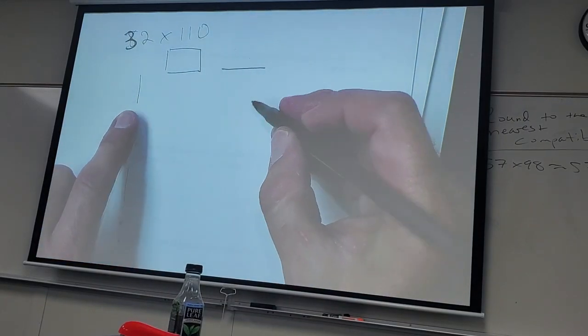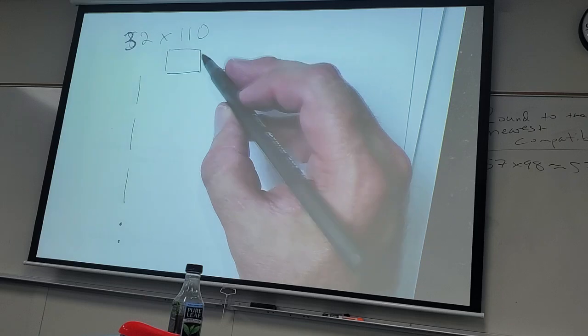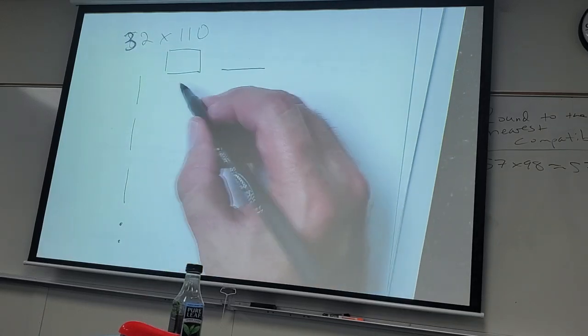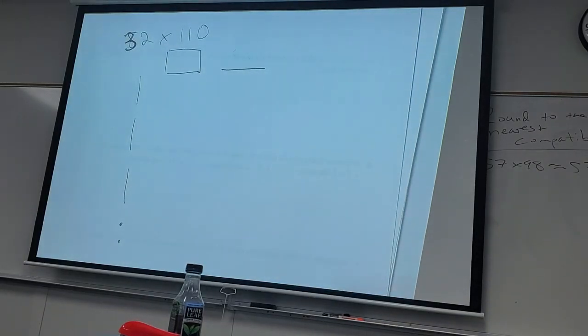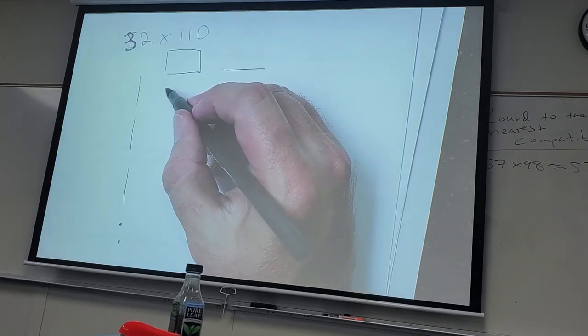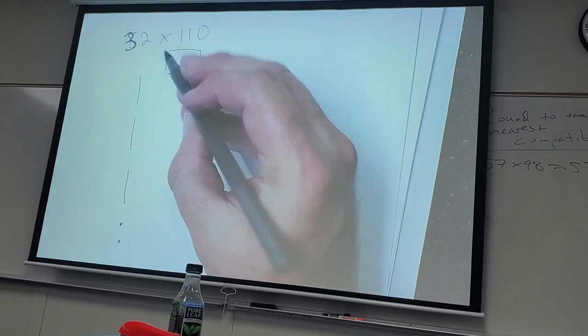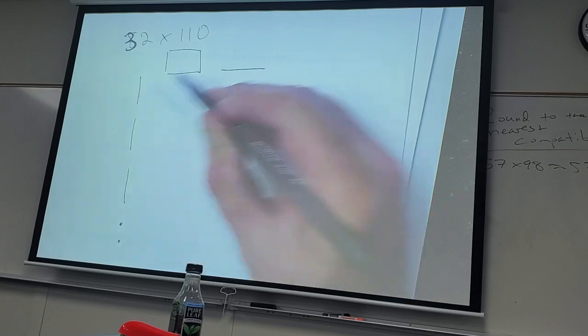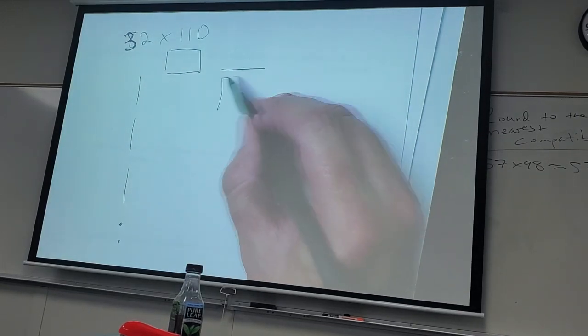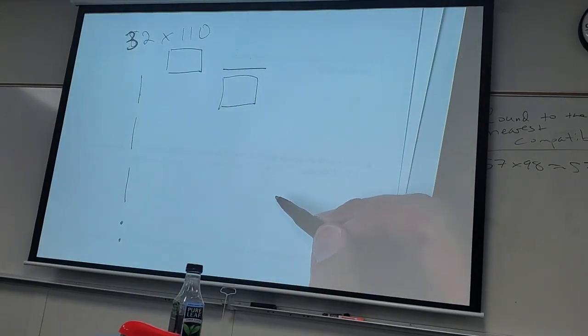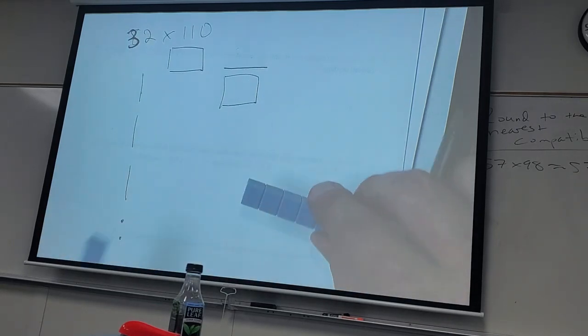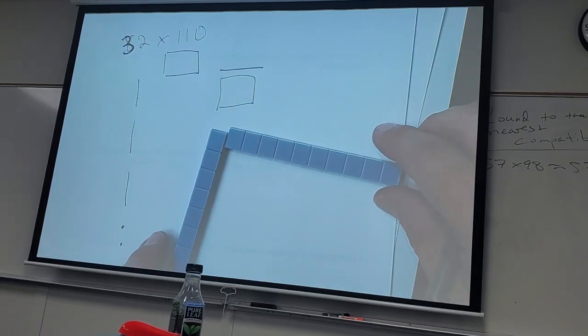So, for example, this, what have I done? This times this would be a flat. Just like we said a second ago, if I do this times this, I get a flat, correct?